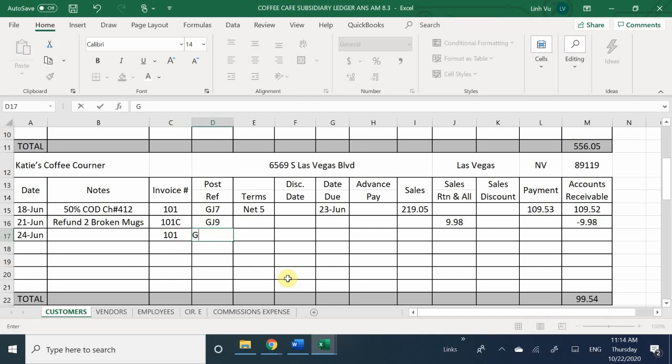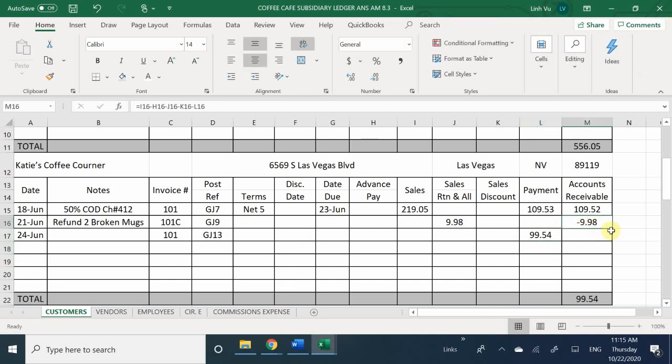Payment. Maybe if I were to put payment there. You have the payment up there because she put a deposit, remember? Oh yeah. Okay, so here's payment 99.54.